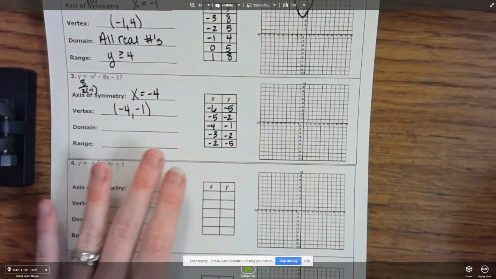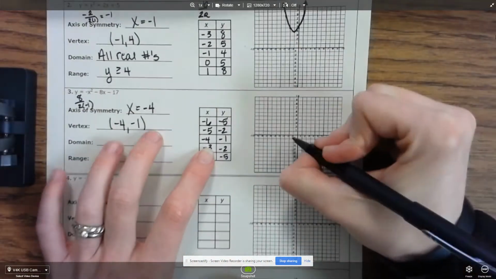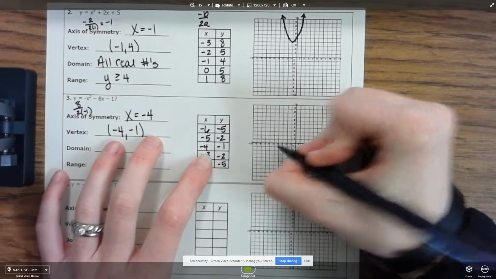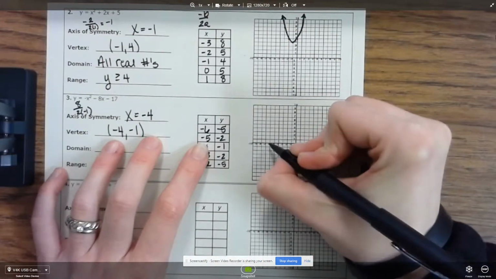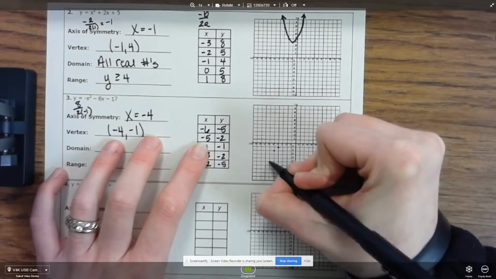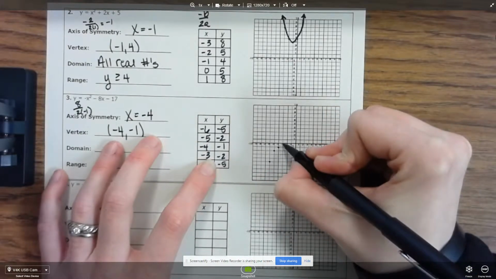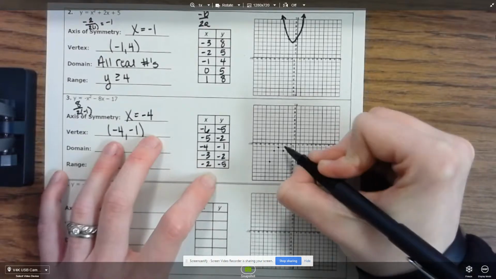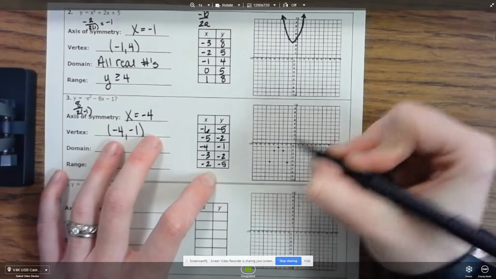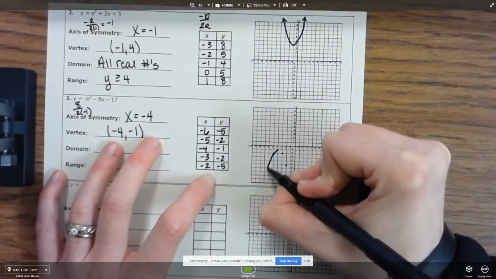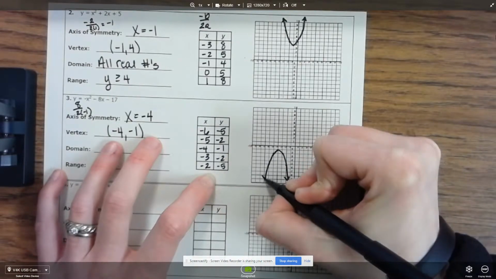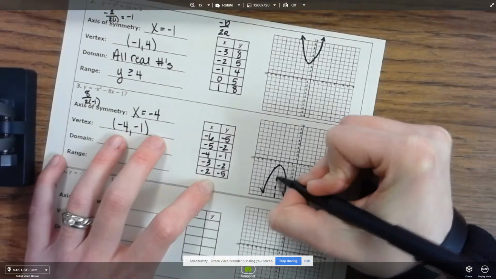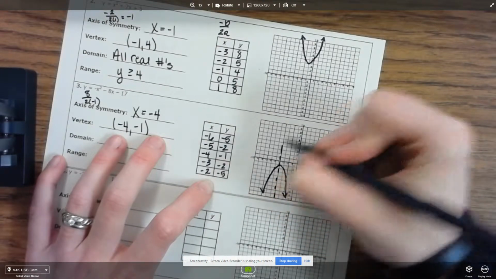And so now that I've got my points, we know negative 4, negative 1 is my vertex. Then negative 5, negative 2; negative 6, negative 5; negative 3, negative 2; and then negative 2, negative 5. So there's my parabola. And if you want to draw your axis of symmetry in, you can do that.